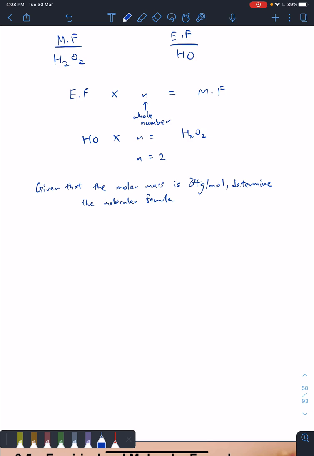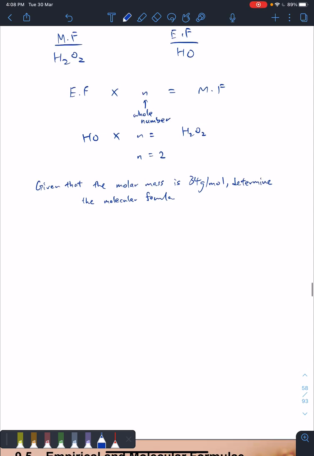You actually can use the same formula to help you, meaning you know that H is 1 gram, O is 16 gram. So your Mr of EF times n equal to Mr of MF, which is usually the molar mass given in the question.